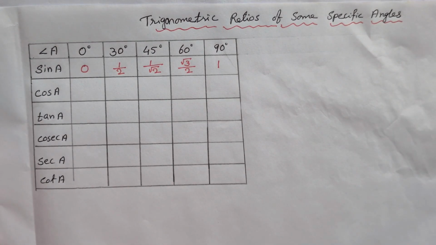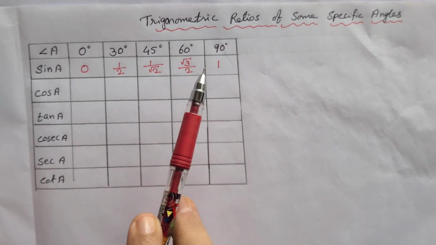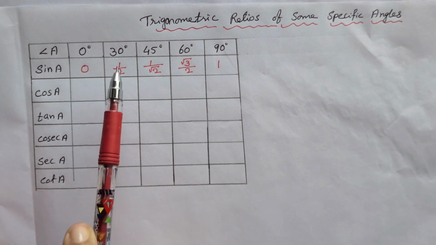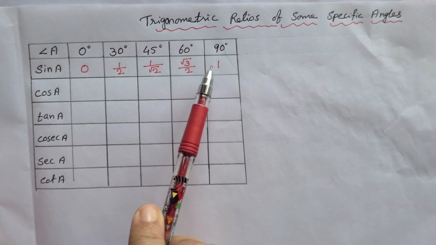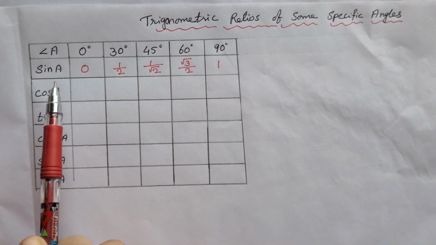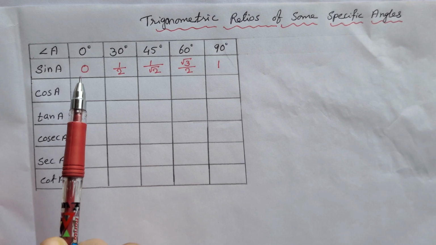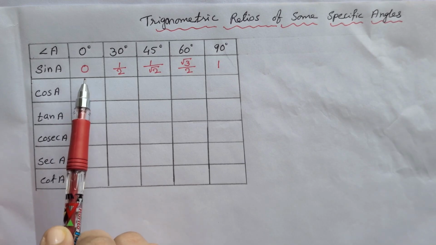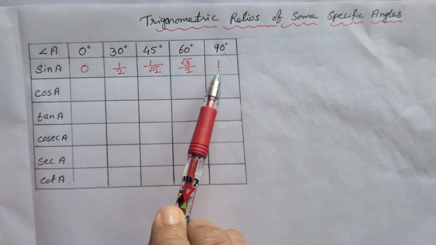Here are the trigonometric ratios of some specific angles: 0 degree, 30, 45, 60 and 90 degree. Sine of angle A: at 0 degree it is 0 itself, and 90 degree comes as 1.